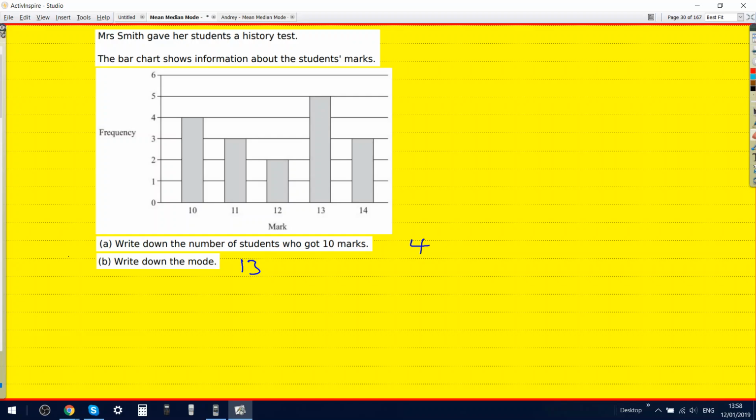Oh, the mode. Because, wait, what was the question again? So why was the answer not 5? Because it goes up to 5. Oh, because it's never the frequency. So it's not the average, that's just how many times the thing came up.